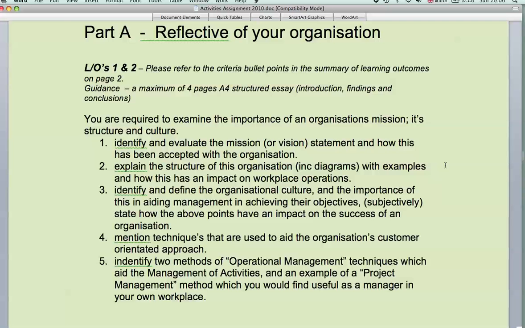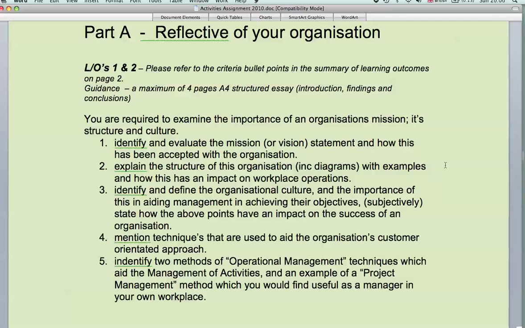You have to identify and define organisational culture. Remember, a culture can be a set of beliefs, values, opinions, historical norms, traditions which have been carried on for quite a few years. The culture can have an impact, whether it's a public sector organisation, a private sector, entrepreneurial, small or large.